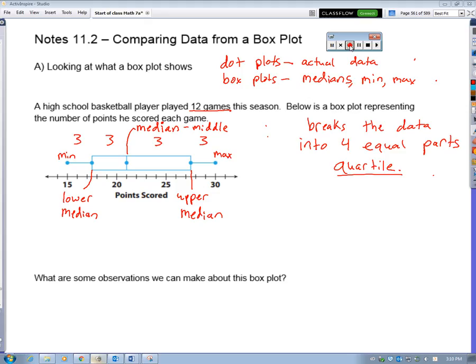And when you have a box plot, they have different names for each one of these sections. Each one of these equal parts has a different name. This section right here is called the upper quartile. And then this section down here is called the lower quartile.